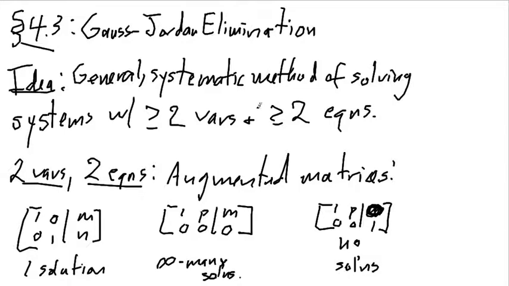This is reduced form. Let me generally discuss what reduced form is. Sometimes we also call it reduced row echelon form. Echelon is a fancy word for diagonal.